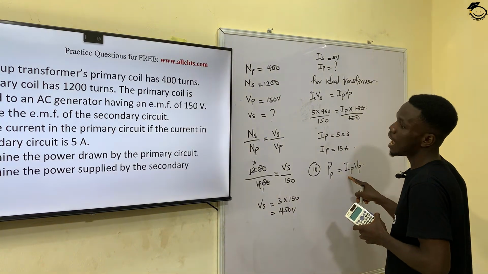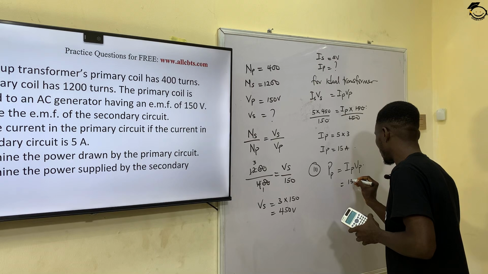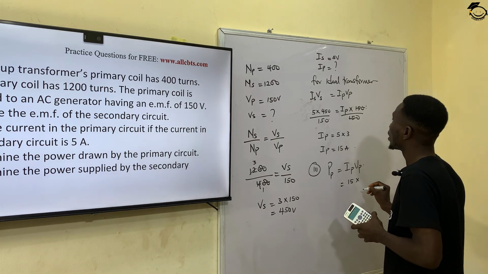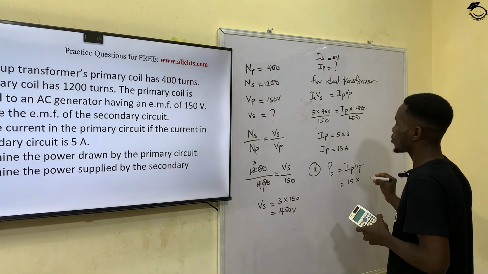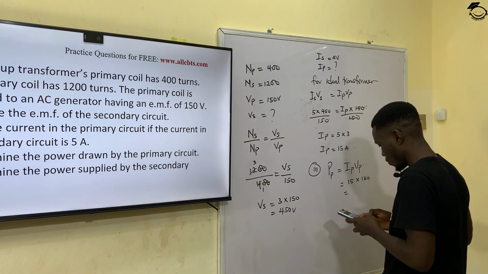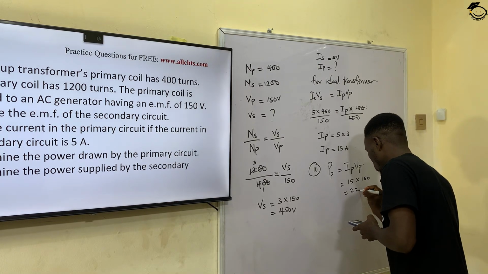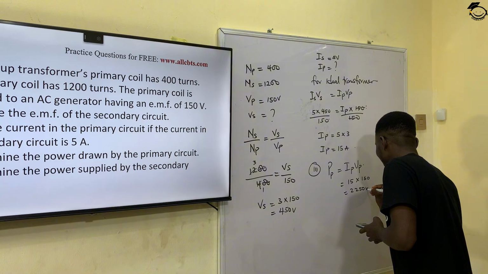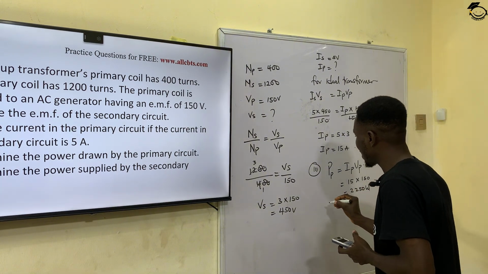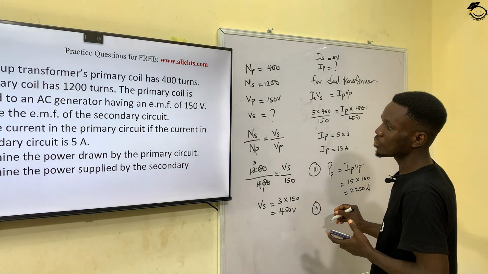That will give me 15 amperes times my VP, which in the question was given as 150, so 15 times 150 gives me 2250 watts.